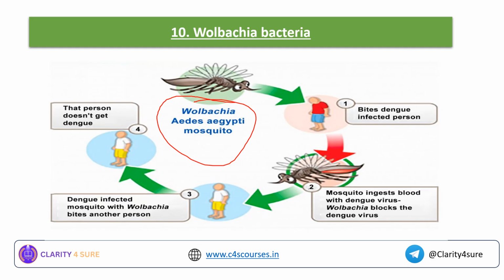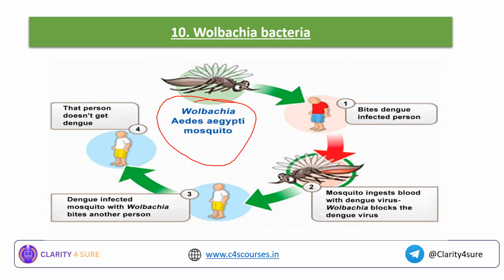So if this mosquito goes on to bite another person, the person will not get dengue, because this Wolbachia bacteria has a trait of inhibition of pathogens. That means it will not allow the Aedes aegypti mosquito to transmit the viral disease.